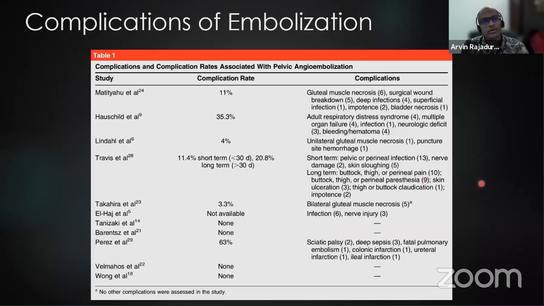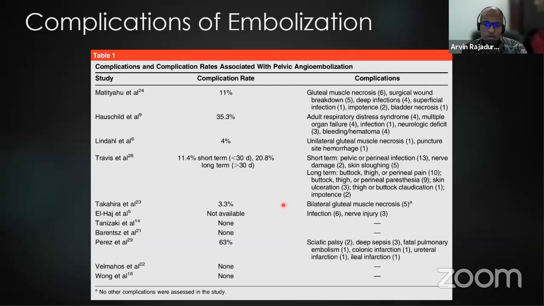Okay. So coming towards the end of my talk, we talk about the complications of embolization. Yes, there have been multiple reports of complications of embolization, but these are earlier studies, using more primitive embolic material, and these are newer studies. So you can see in the newer studies you have almost none or very minimal embolization complications.